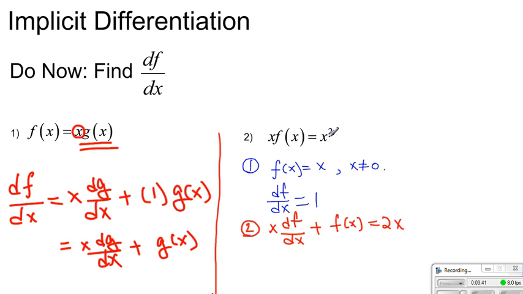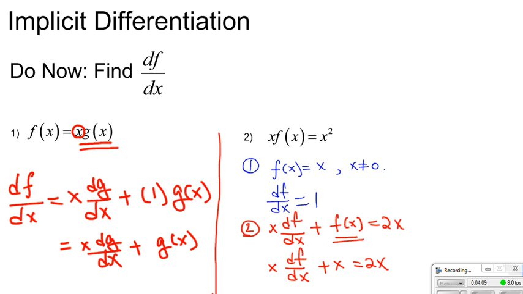Now, what we want to do is, hey, wait a minute, f of x is equal to x. Earlier, for this question, we were able to figure it out. So we can just continue on with that. Then we will have x times df over dx. In place of f of x, we will have x by itself, which is equal to 2x.